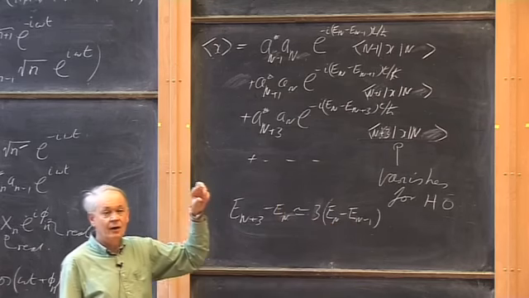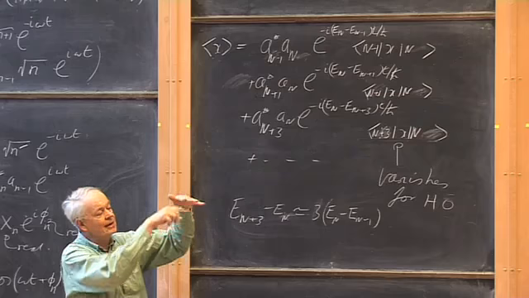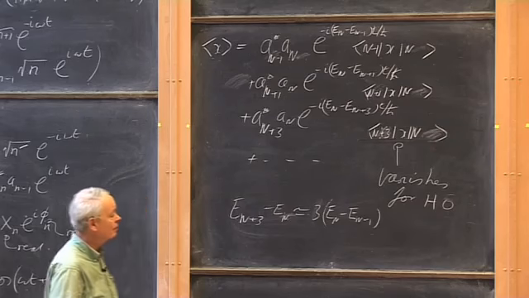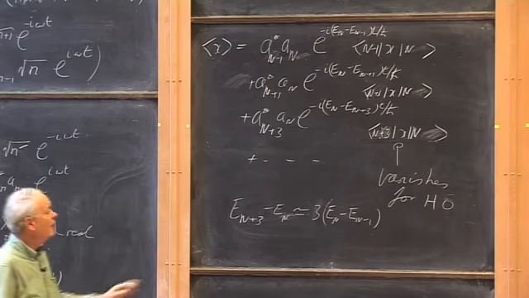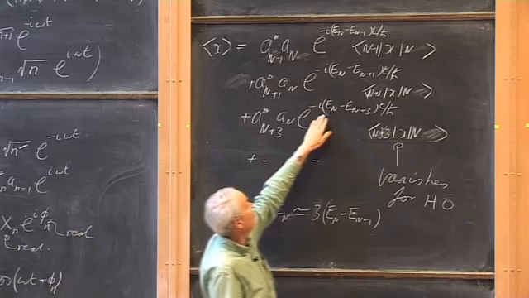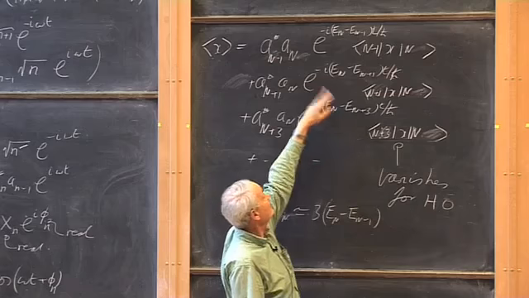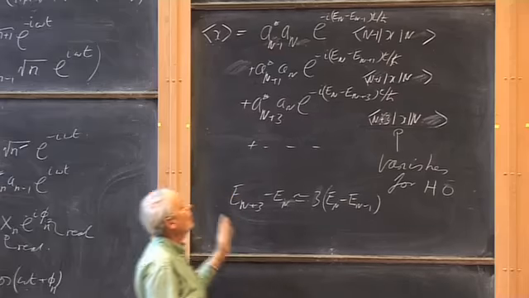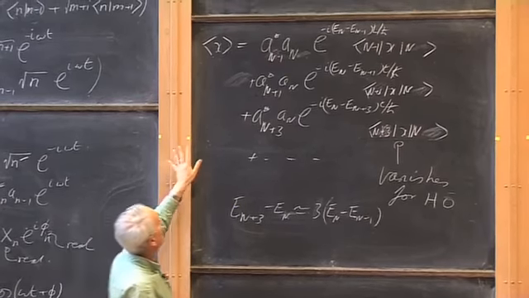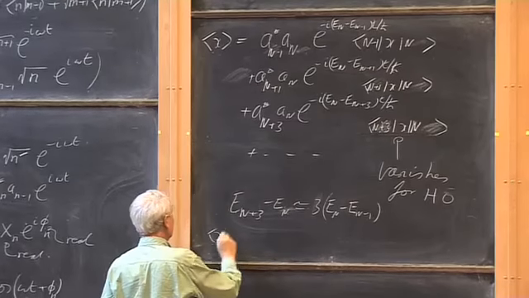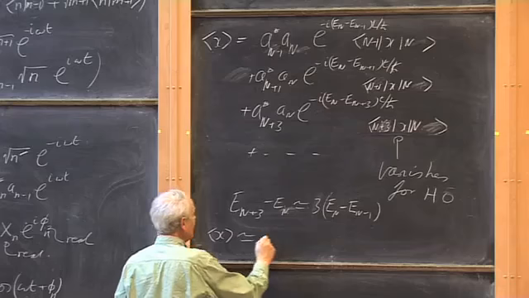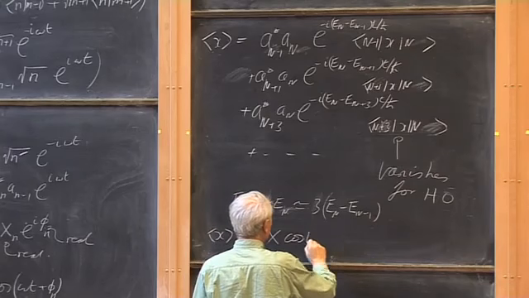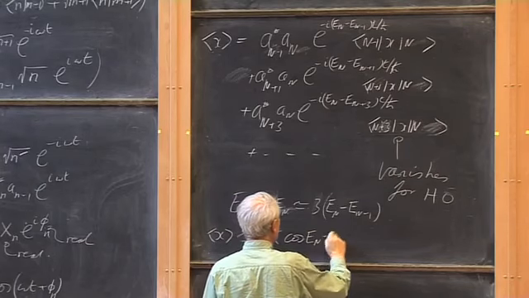And if we think of the size of the steps in the ladder becoming small only gradually as we go up the ladder, which is a good picture to use, then this term is going to be essentially 3 times the frequency associated with the other 2, which we can regard as about the same. So when we assemble all this stuff, we're going to find that x, the expectation value of x, looks like some number times cos of (E_n - E_{n+1}) t over h bar.